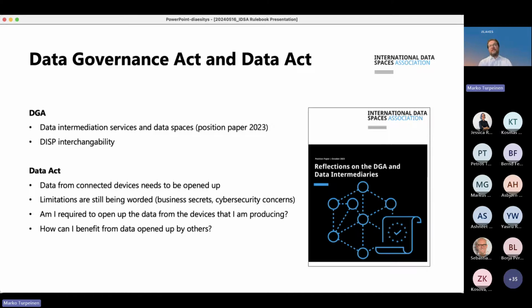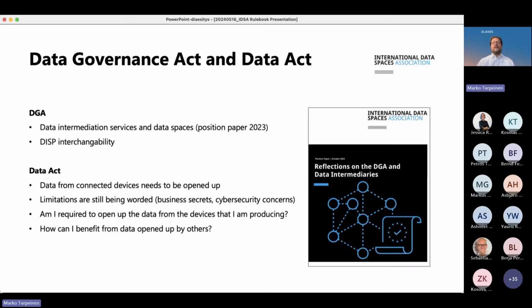Is it clear what is a data intermediary and what is not, how do we currently would like this to be implemented in different data spaces where we have intermediaries, and how do these data intermediary service providers, DISPs, also become more and more interchangeable or interoperable when data spaces are being built? That was a paper published by this working group, and is one example of reflecting what's happening on the regulation side and how that links to data spaces.